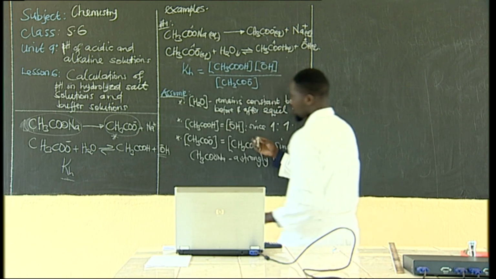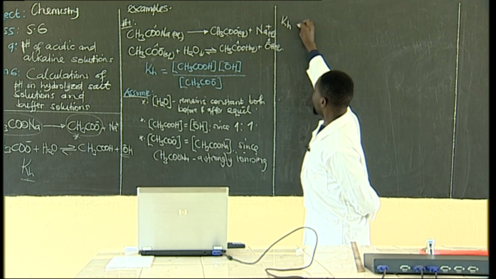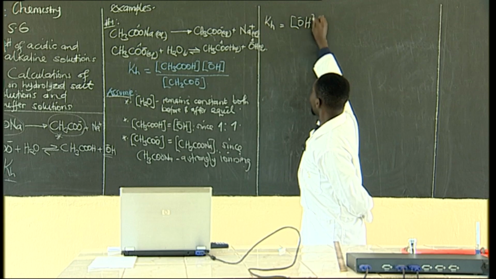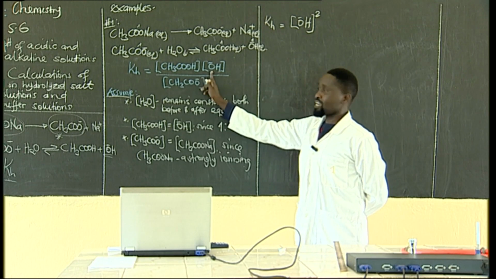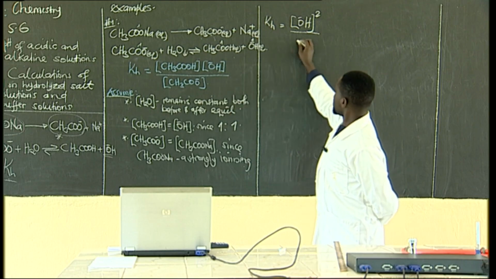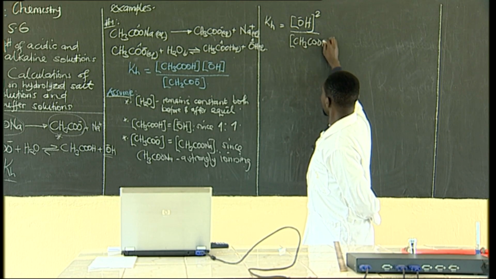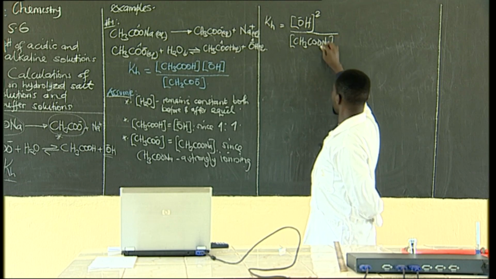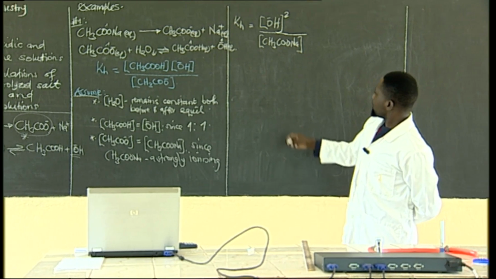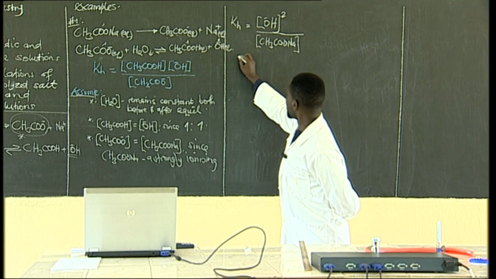So can we substitute our assumptions in our KH? You'll end up having KH equal to the concentration of OH ions squared, since this and this are the same, over the concentration of the sodium ethanoate salt before it ionizes. We can now directly determine the concentration of OH.